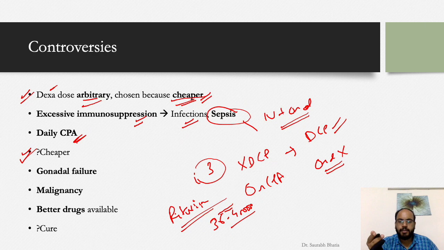Giving monthly doses with 3-day hospital admissions, along with oral cyclophosphamide administration, and taking 3 working days out of a patient's life might lead to more cost to the patient.